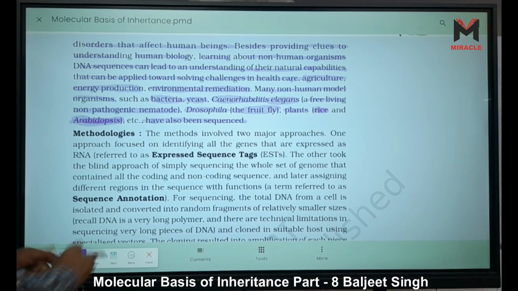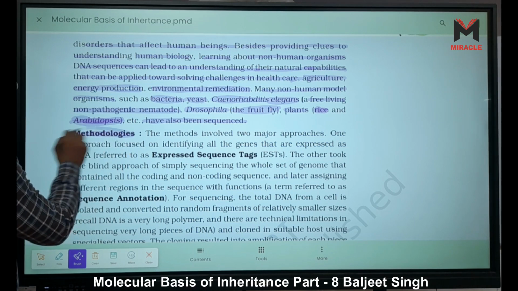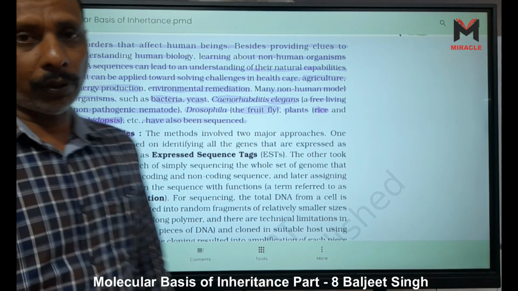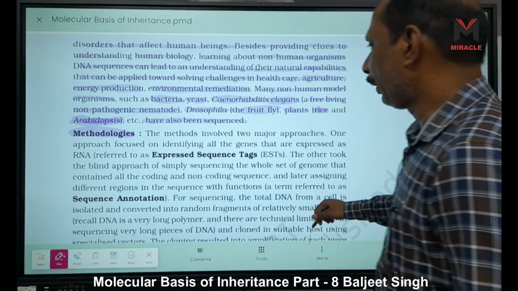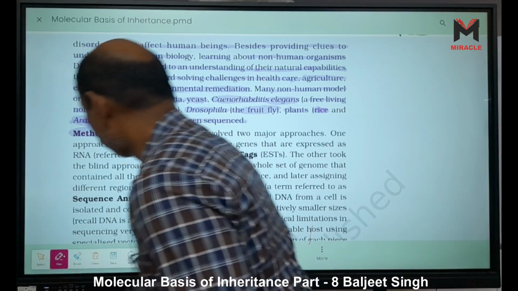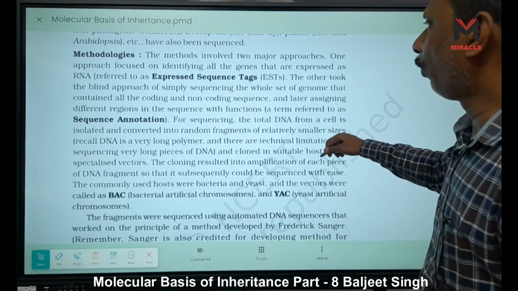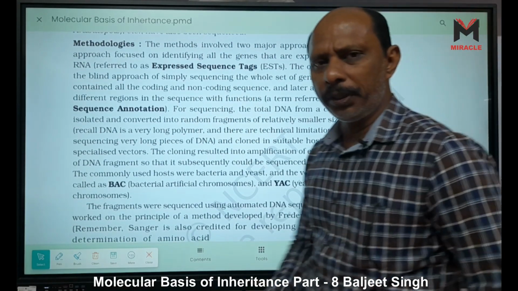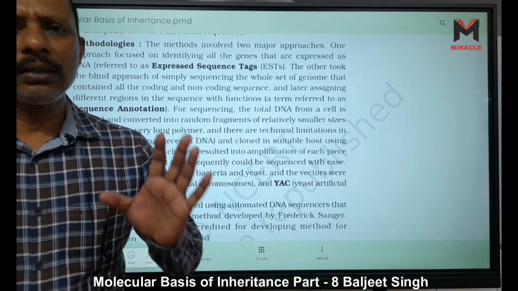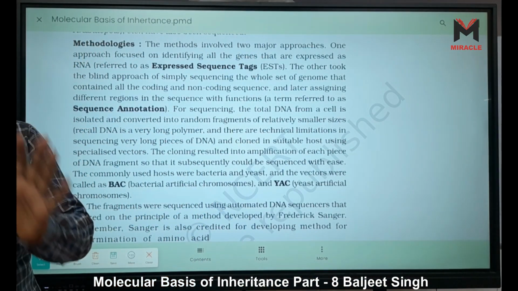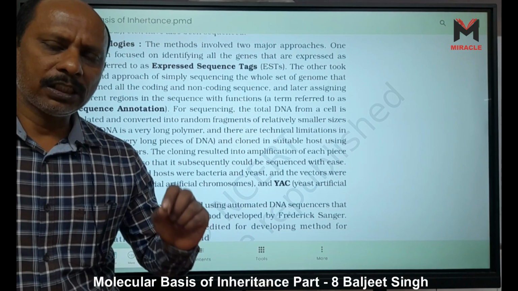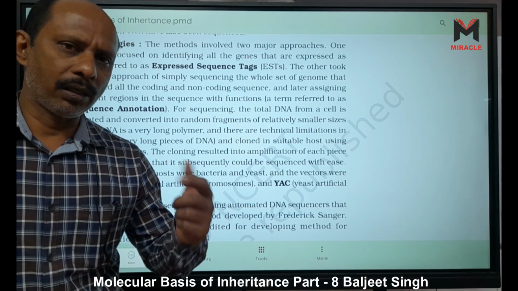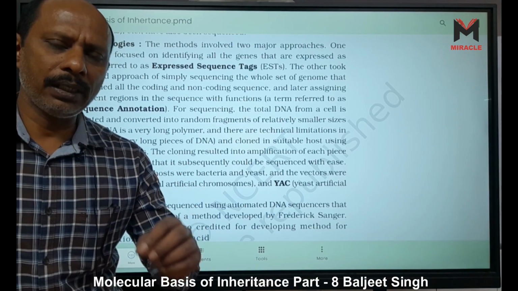Now methodologies. What is the method used here? The method involved two major approaches. First, we sequence only the expressed genes, which are responsible for phenotypic changes or anatomic differences, which are transcriptionally active.